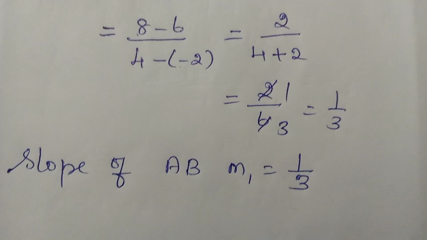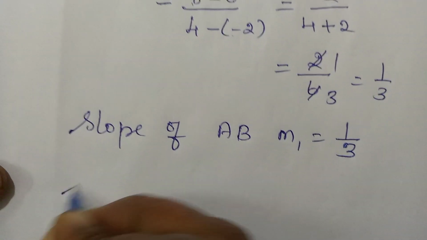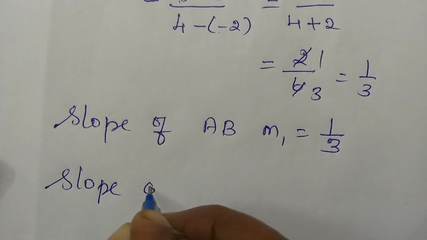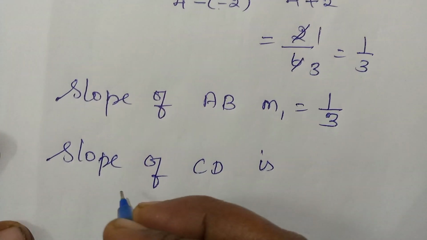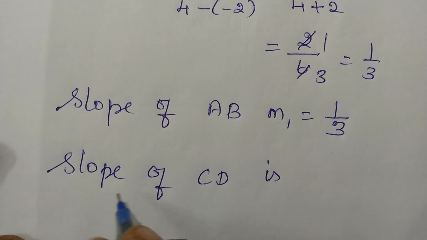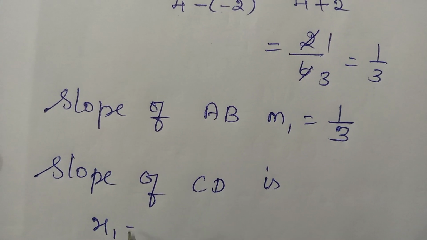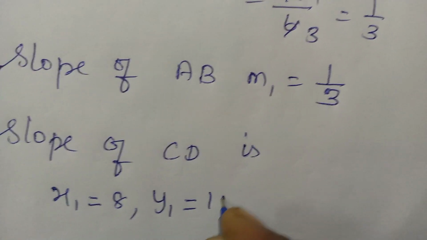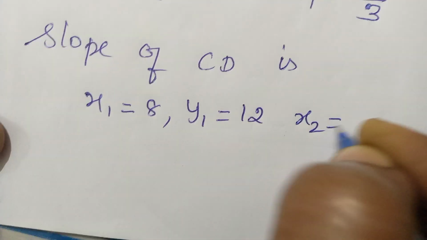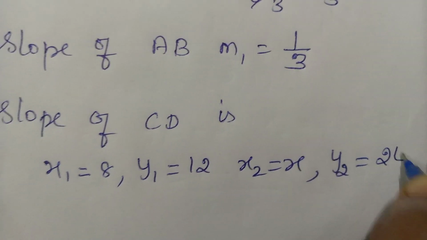Let's find the slope of CD. C is (8, 12), so x1 is equal to 8, y1 is equal to 12, x2 is equal to x, y2 is equal to 24.